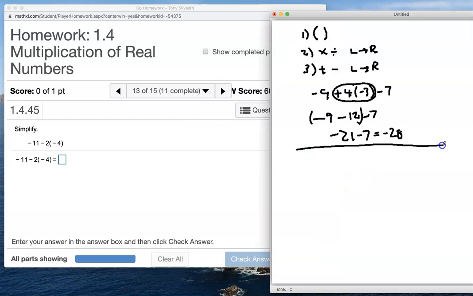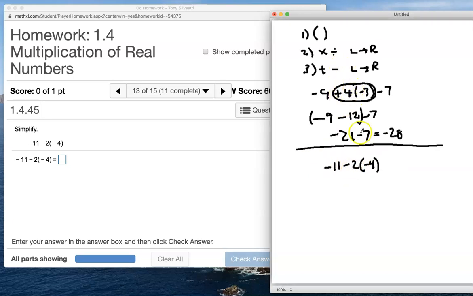So how do you do this? First you write down on your paper. I look at the entire expression, and before you start, don't do this of minus 11 minus 2, because then you'd be doing subtraction first, and you don't do subtraction first.